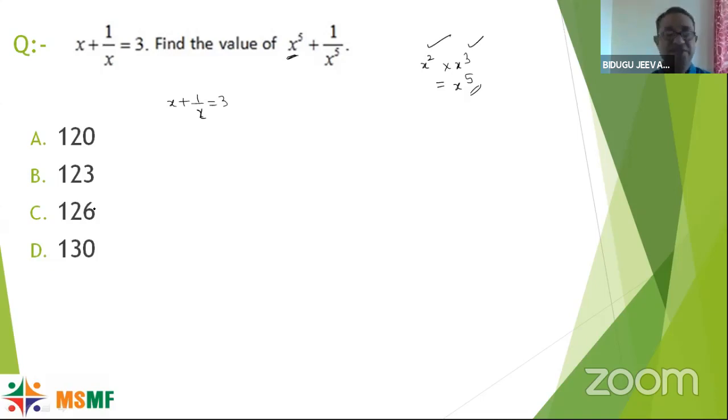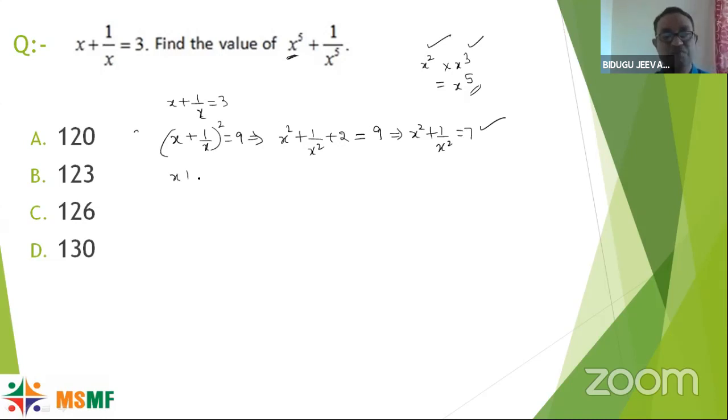All right. First, let me do the square. x plus 1 by x whole square: x square plus 1 by x square plus 2 is equal to 9. So definitely x square plus 1 by x square will become 7.